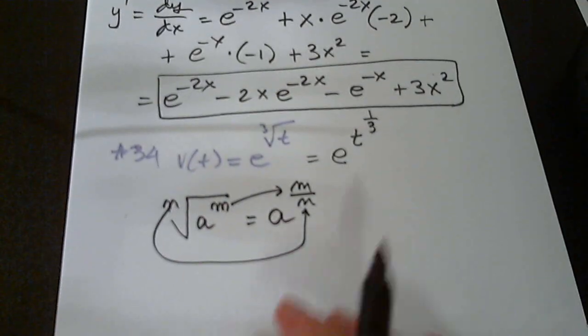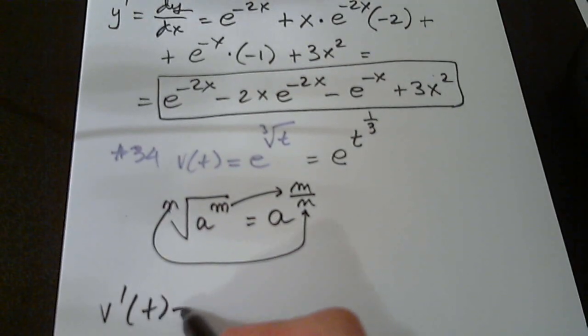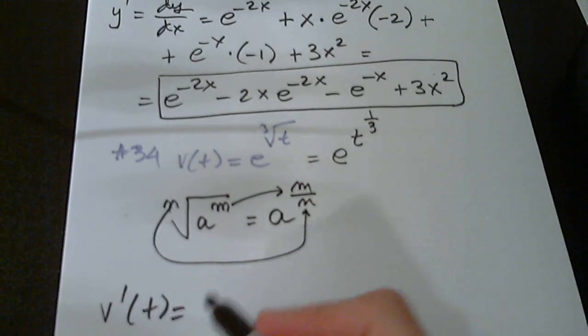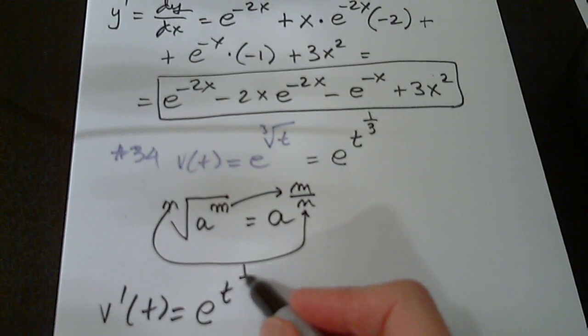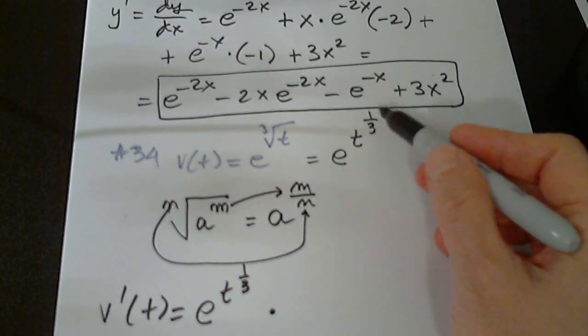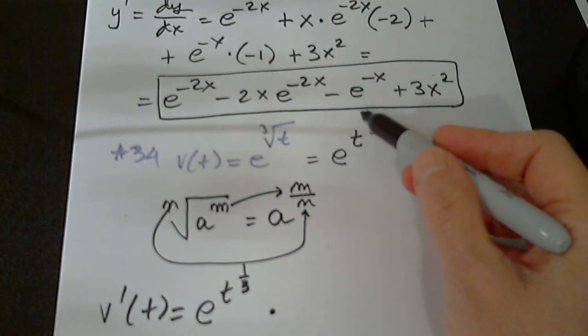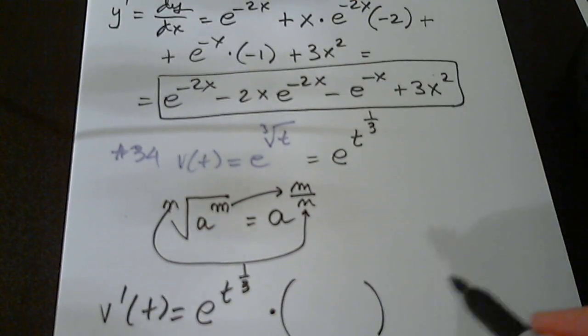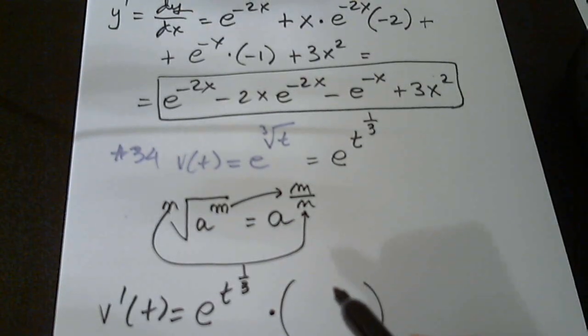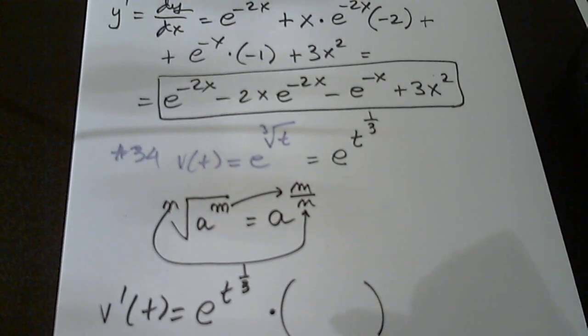Good. So now we're ready to find the first derivative. E to a function prime is e to that function times the inner function prime, t to 1/3 prime. Can anyone help with t to 1/3 prime? This is not new. We know how to differentiate t to 1/3.